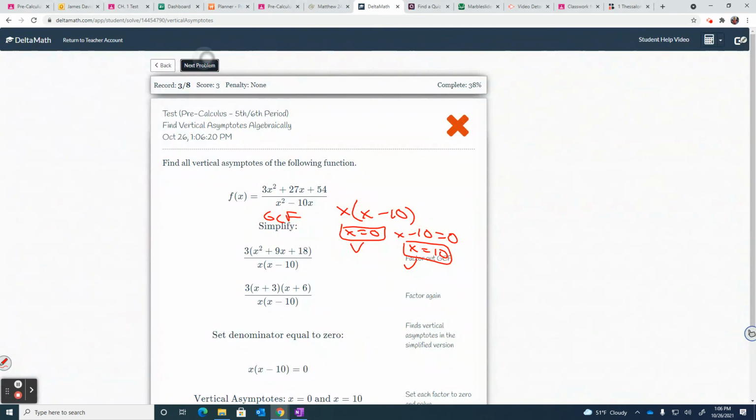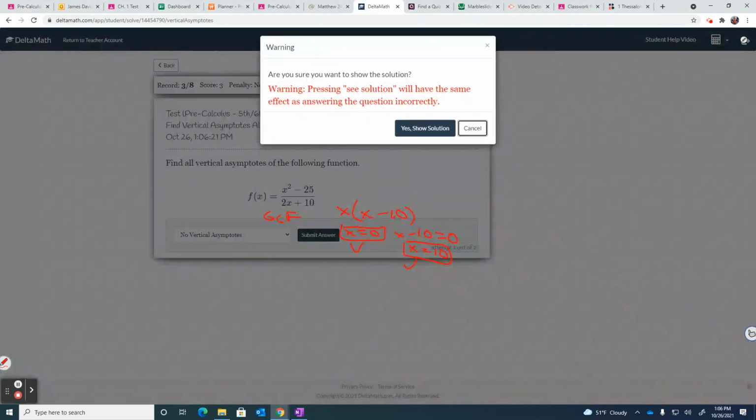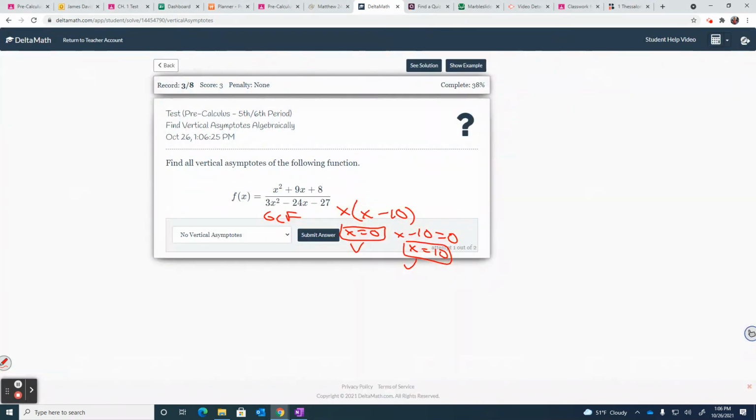Let's see. So this would be another one that you could actually probably factor. It does have a 3 in front, so if you want to skip, you can. But what could you do first if you wanted to factor that one?